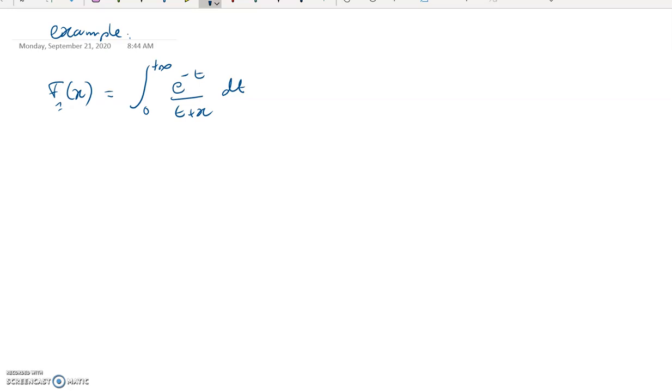Okay, so let's consider different cases. If x is strictly greater than 0, what's happening? Do you have a problem in 0, for t equal to 0? Do we have an integration problem in a neighborhood of 0?